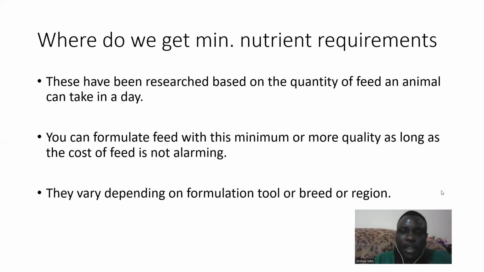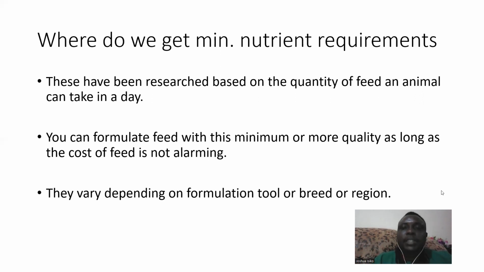Some people, you find that they are making layer feed of 18% crude protein, and yet the minimum is 16. You must have a strong justification, unless you are going to reduce the quantity given per day, say you reduce from 125 and drop to 115 or 110.